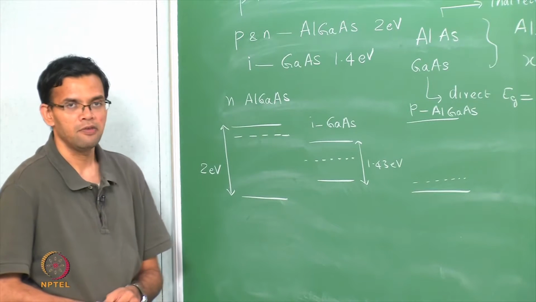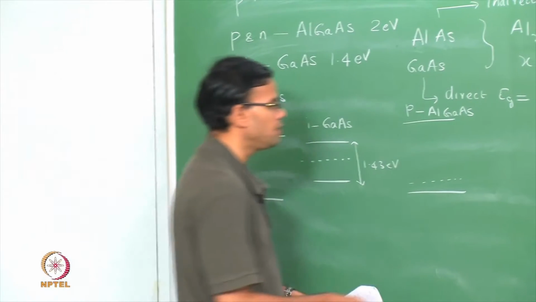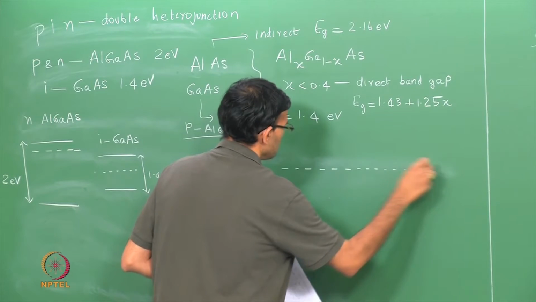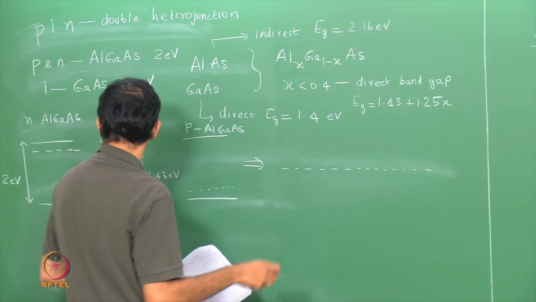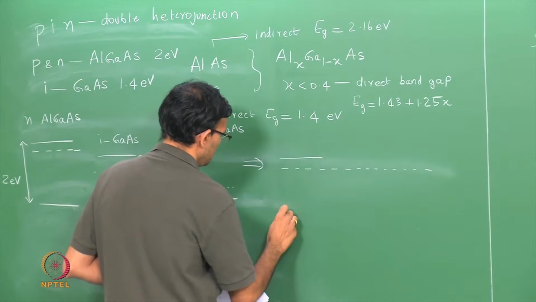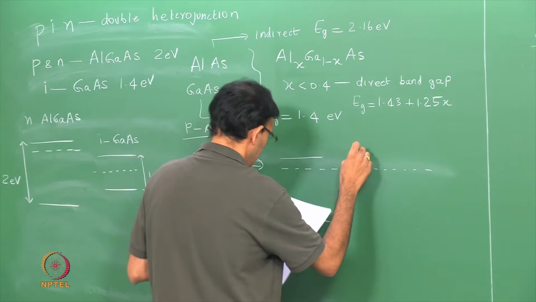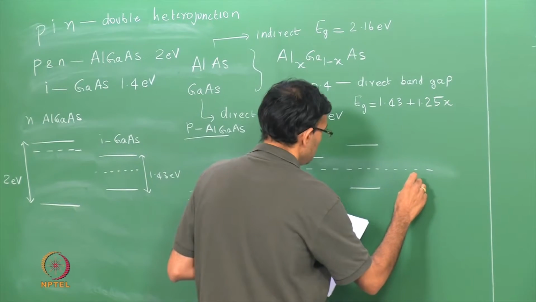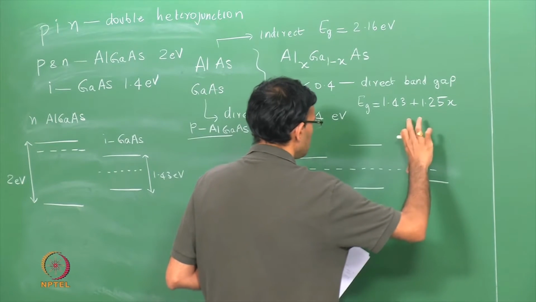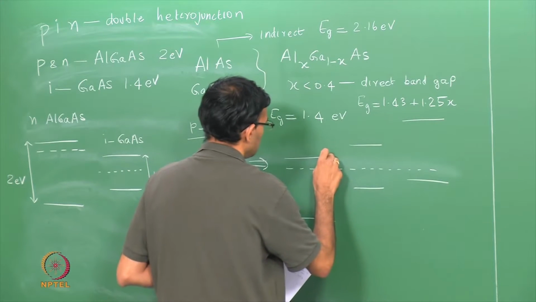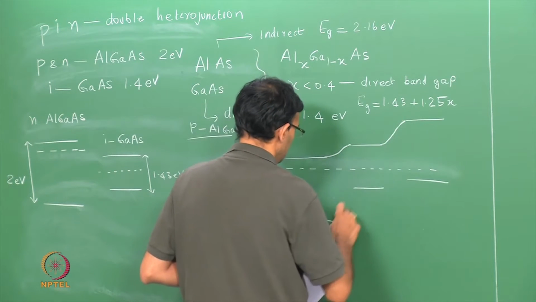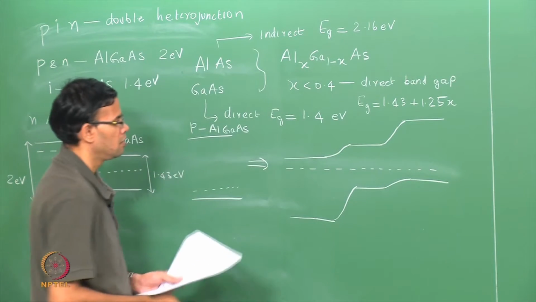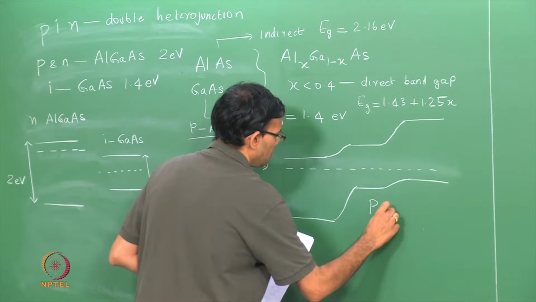So, once again at equilibrium the Fermi levels must line up, so that this is your PIN at equilibrium.